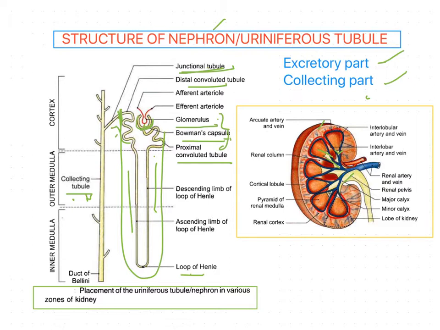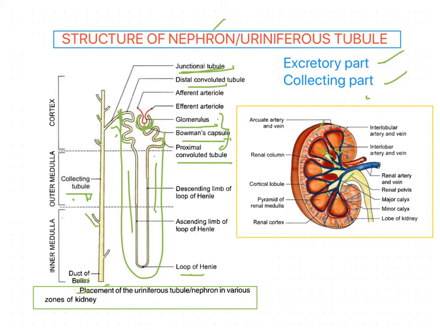Many tubules unite together to form a structure called the ducts of Bellini, which open into the minor calyces through the renal papillae. So these are all the parts of the nephron.